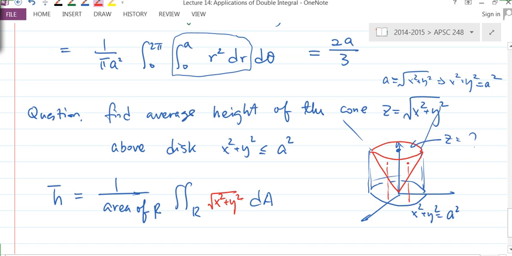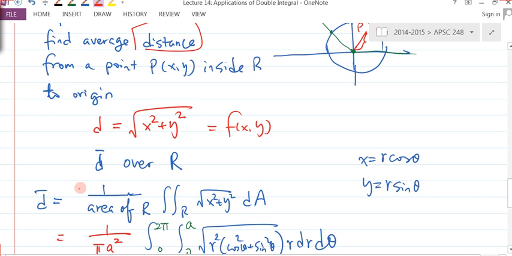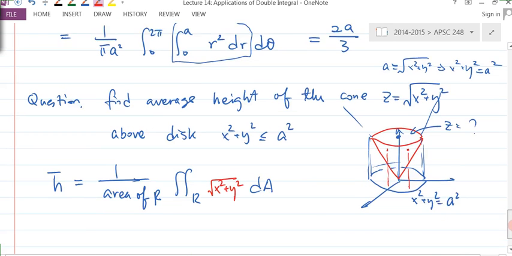Now, if you compare this formula with the expression we just derived, and compare it to the example we just did, is there any difference? No difference at all. Of course, there is a difference: the description of the problem is different.